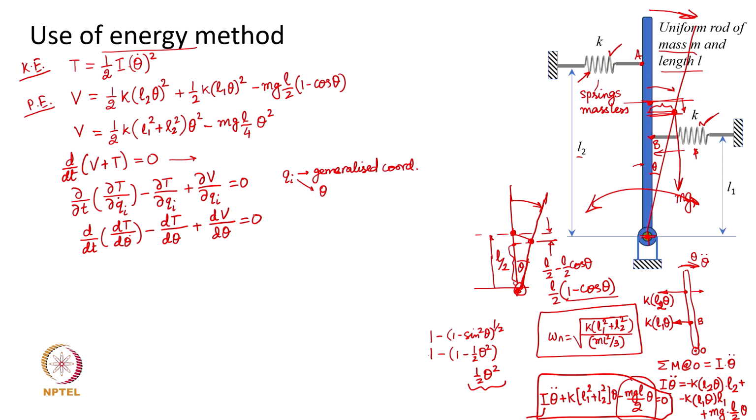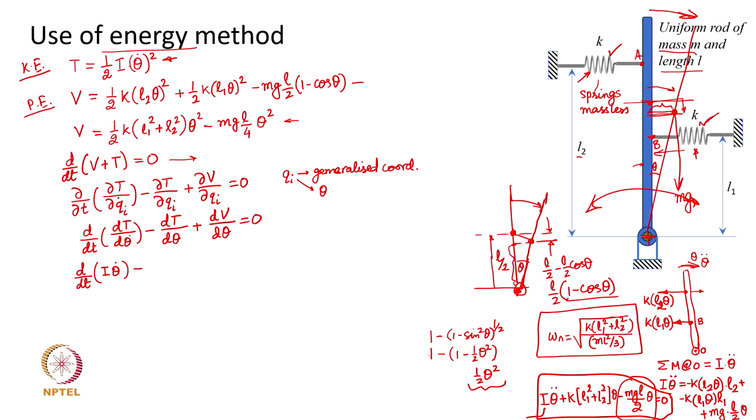Now, if you substitute the expression for the kinetic energy and the expression for the potential energy, then let us take the first term, that is going to be d/dt of the derivative of this with respect to theta dot, which is just I theta dot, and minus this term.